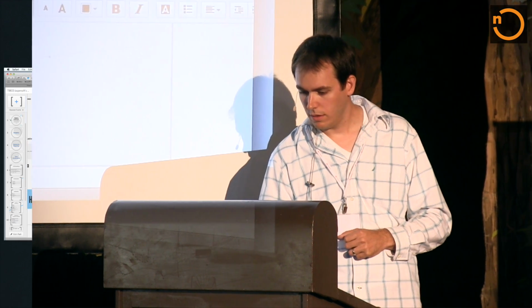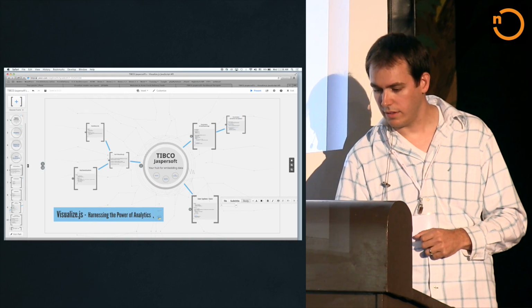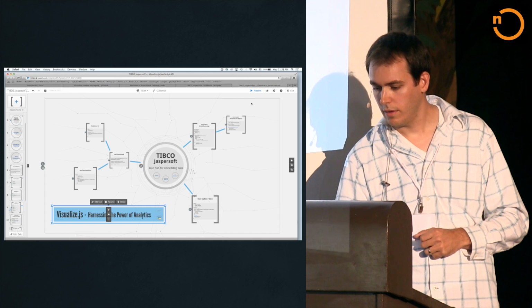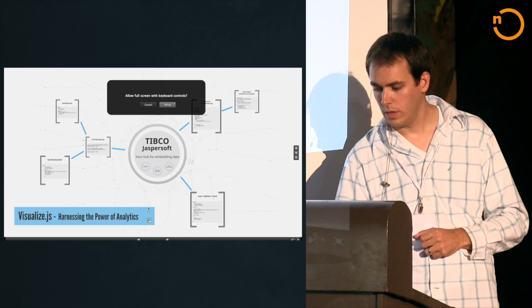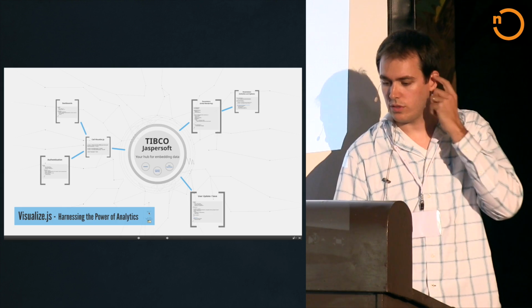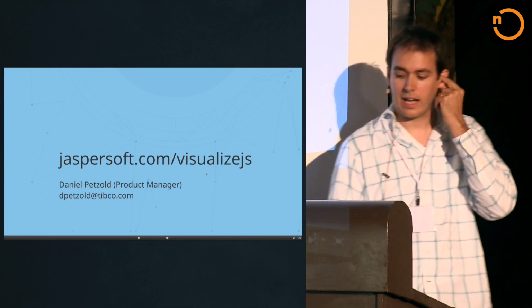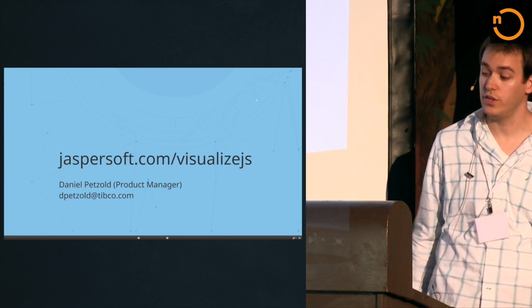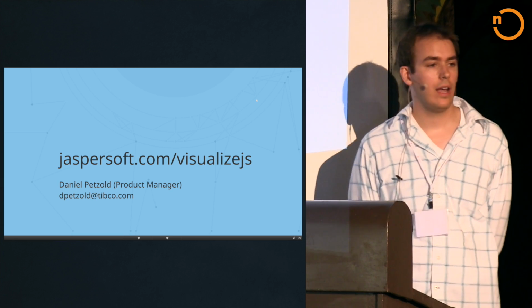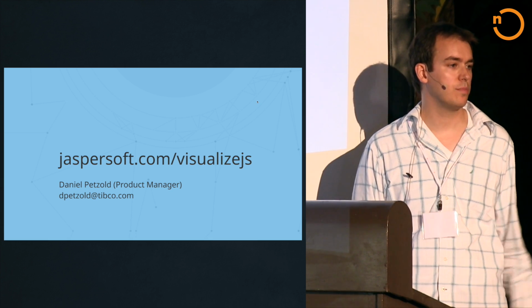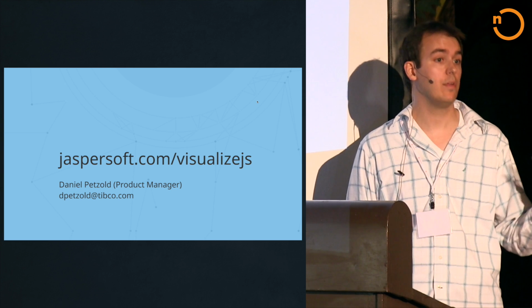Let me pull up a little information. I want you guys to be able to see where you can find more info. Just go to Jaspersoft.com and put in Visualize.js, and you'll find we've actually got 15 years behind us with an open source community.